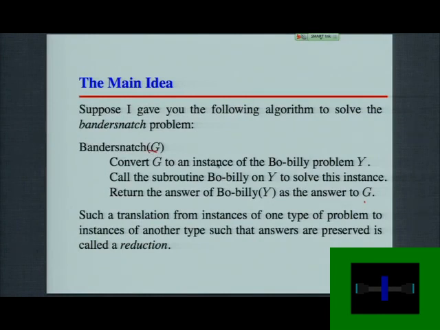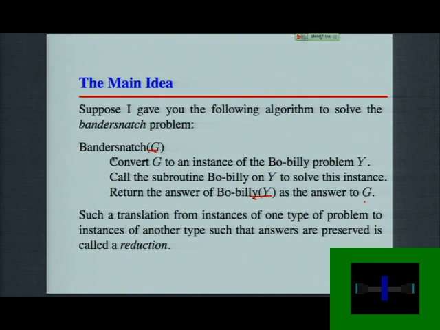So this translation of converting from one format to another had better not take too much time, had better not create something too big. But we know that we're going to be able to return the answer, because this is a yes-no problem and that's a yes-no problem. So we've made progress on it.